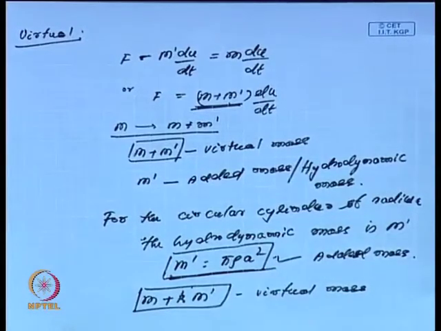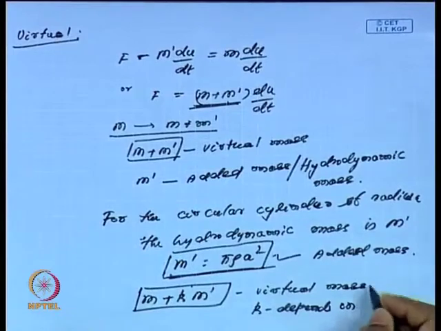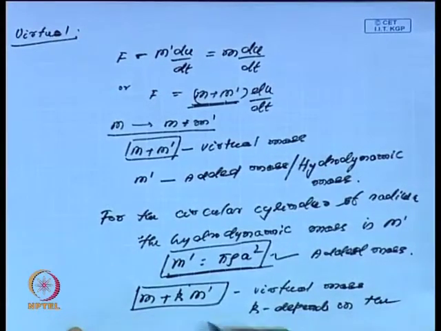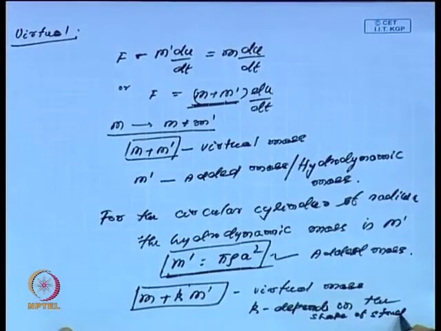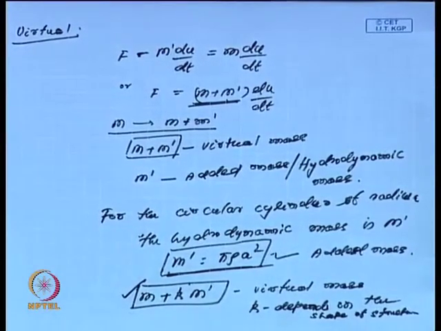This m prime is the added mass, where k is a constant which depends on the nature or the shape of the structure, and this is the general form of the virtual mass.